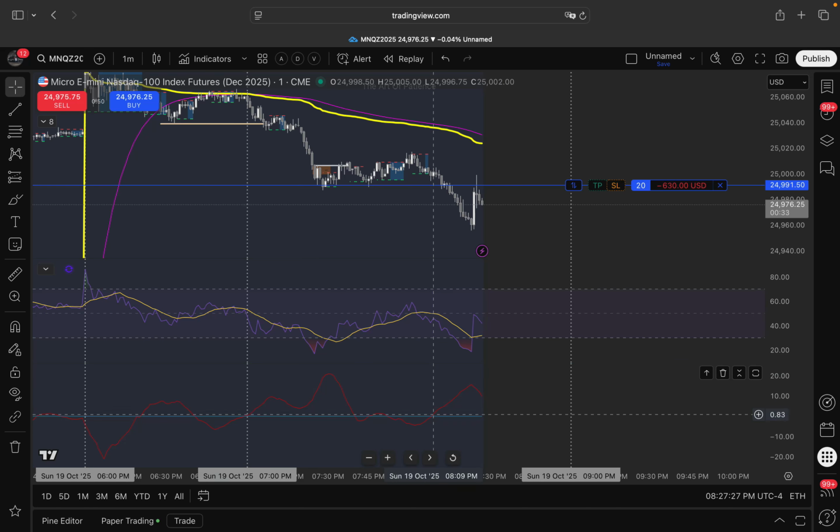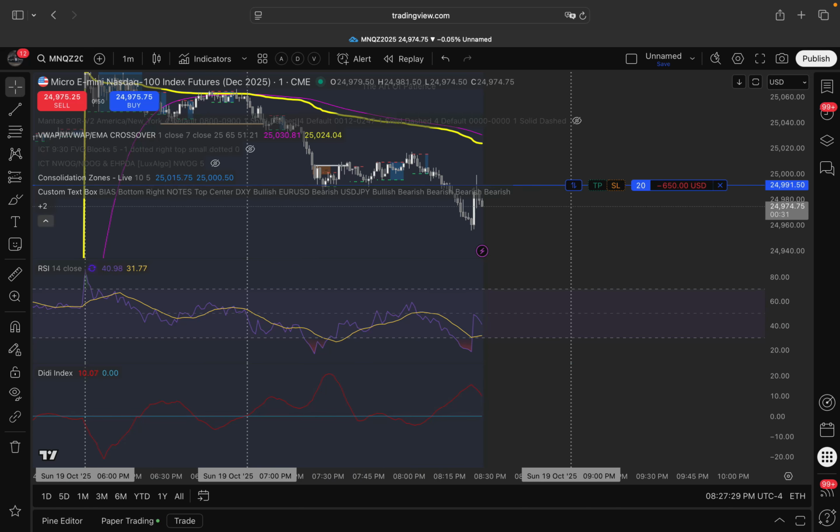This is the Diddy index, and I do have a list in my Discord with the indicators, but I would also display them here. So I have the VWAP indicator. You don't have to have the consolidation zones, but I mean, go ahead and use it if you want to. The RSI indicator and the Diddy index. Okay.